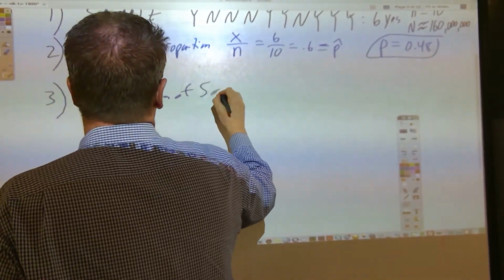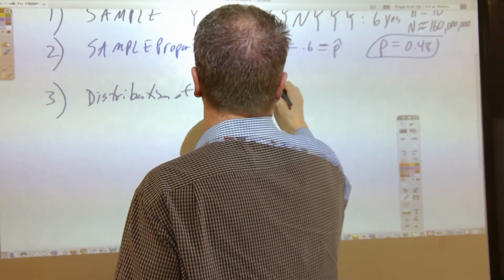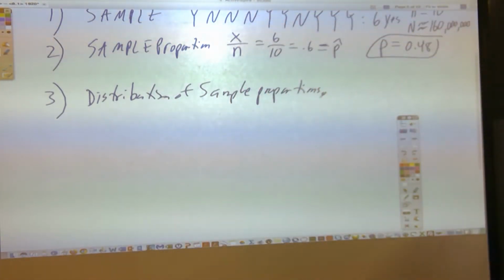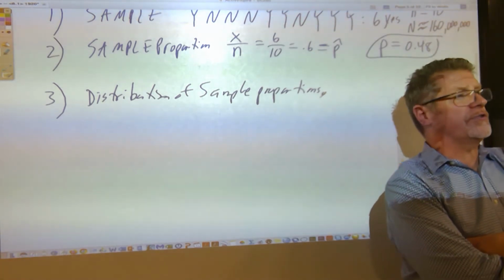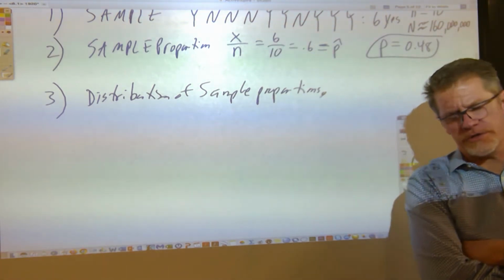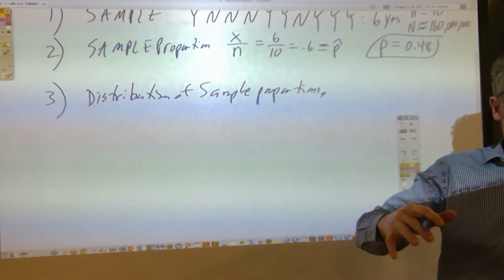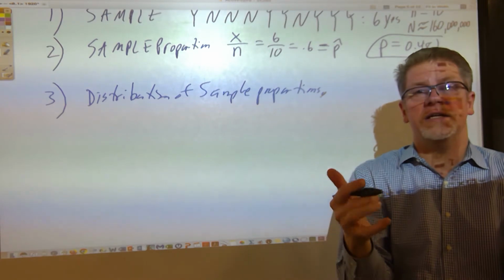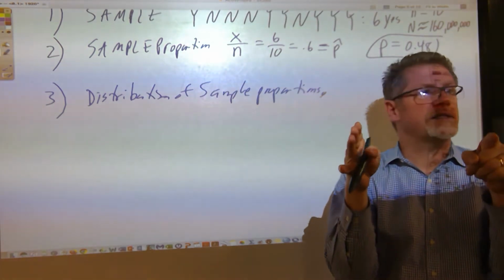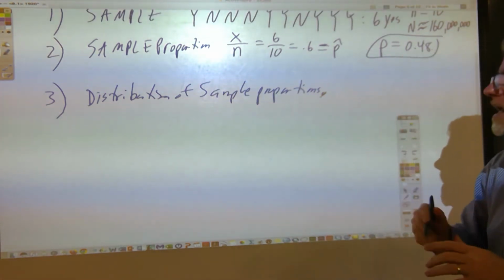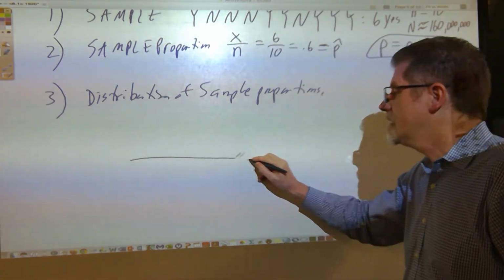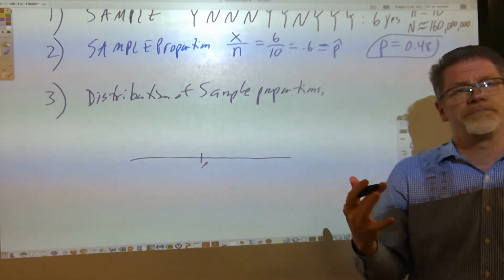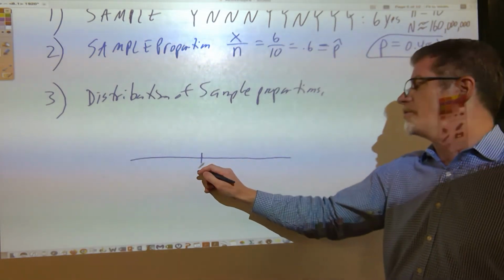And this is not too hard to pull off because every day between now and the first Tuesday of November, they're getting representative samples and they're taking X, the number of yeses over N, they're getting P hats, and those P hats can be distributed.